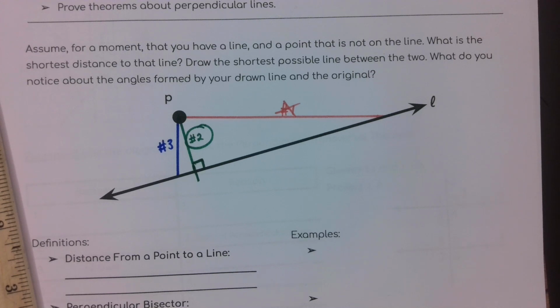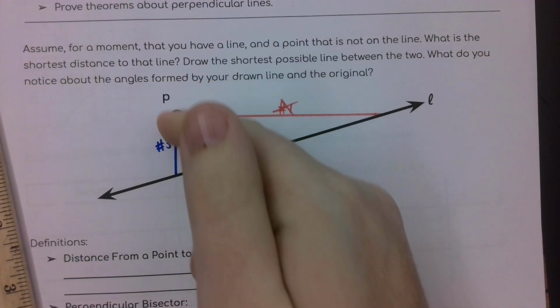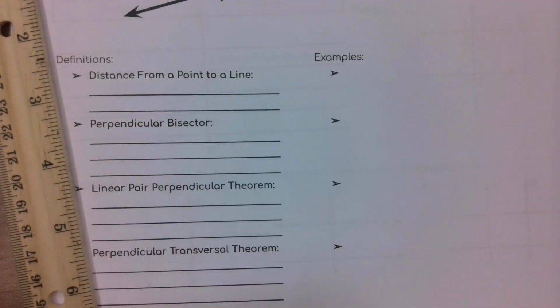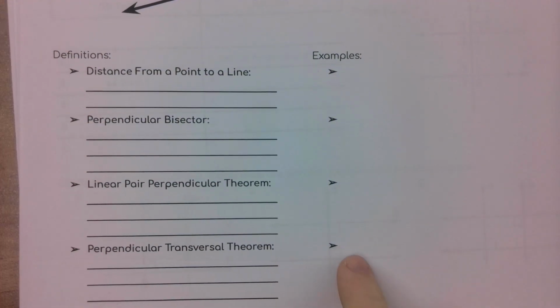The shortest possible distance between a point and a line is a perpendicular line segment. If you want to minimize the distance, draw a perpendicular line segment. That is the basis of what we are talking about.